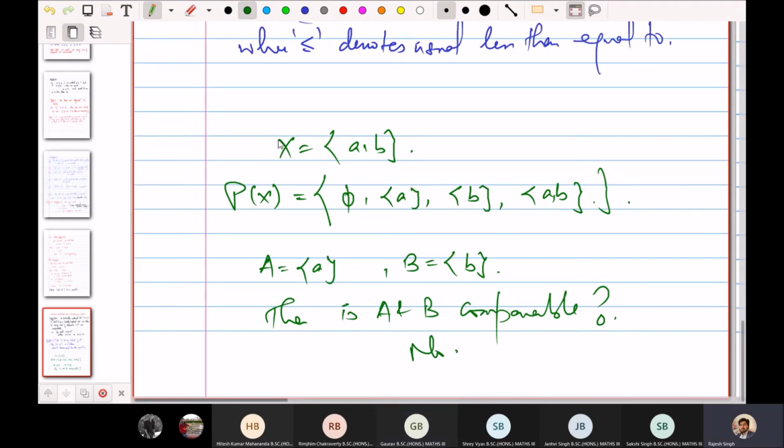No. ठीक है. सो अगर कार्डिनलिटी इसकी 1 है तो कंपेरेबल होगा क्योंकि फिर तो कुछ फाई और यही सेट आएगा. बट अदरवाइज इट इज नॉट कंपेरेबल. ठीक है. इज इट क्लियर.